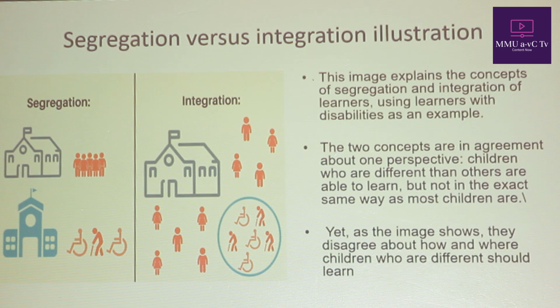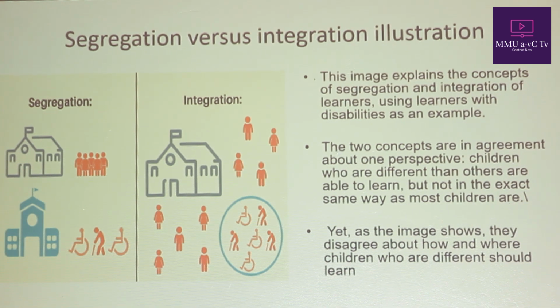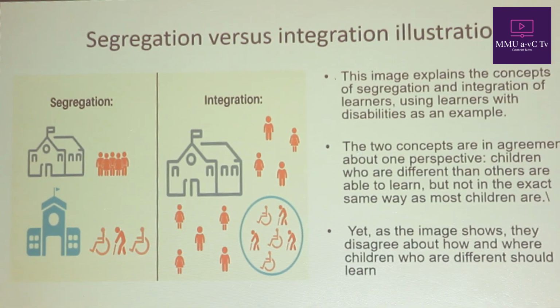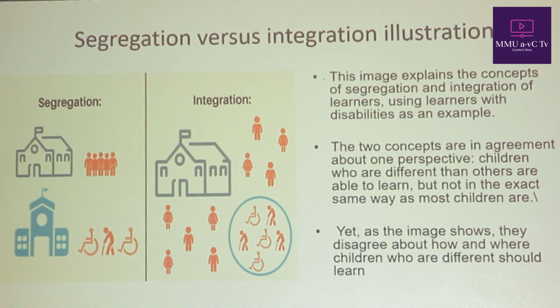Now we look at segregation versus integration, as it is illustrated here. The image explains the concepts of segregation and integration of learners, using learners with disabilities as an example. So you can see up there in the illustration, those are children without disabilities.